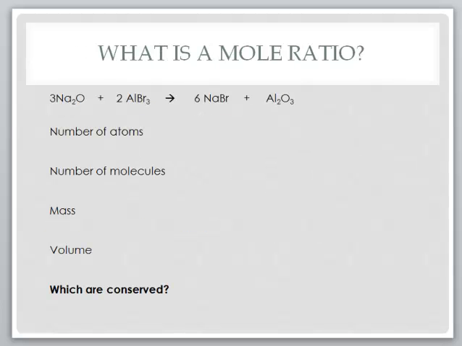Okay, let's take a look at some specifics with mole ratios. Okay, we've got our formula here, which we just balanced. We've got sodium oxide and aluminum bromide, sodium bromide and aluminum oxide. When we talk about mole ratios, these coefficients are going to represent a few things. They can represent molecules, they can represent moles, which we already said.